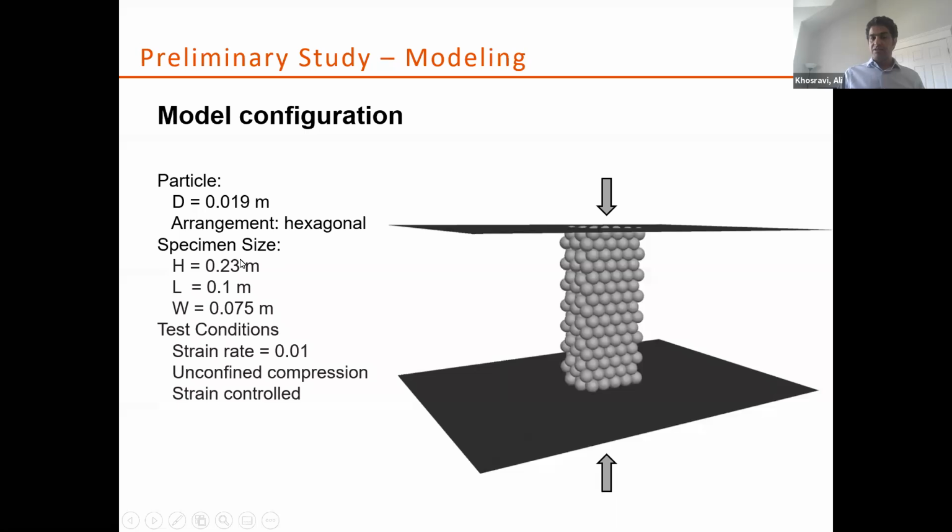We have specimens with a height of 23 centimeter, length of 10 centimeter, and width of 7.5 centimeter. Tests were performed under unconfined compression condition using a strain control approach at a rate of 0.01 meter per second.